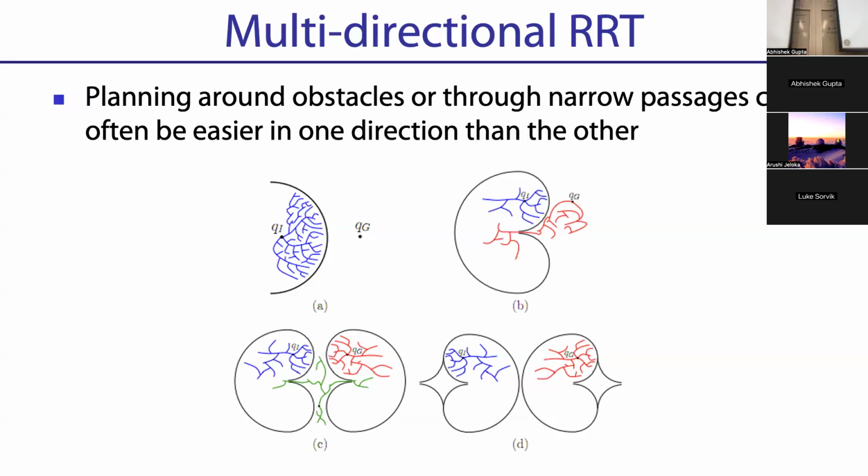Sometimes starting from one side, the chance of getting through a narrow passage randomly is really small. But if you start from the other side, getting through the narrow passage is easy, right? So what often happens in these examples is, if you can start from multiple directions, then you can get through narrow passages more easily, which is really the hard problem in most motion planning. It's like you're trying to traverse a tunnel, and it's hard to get things through the tunnel.